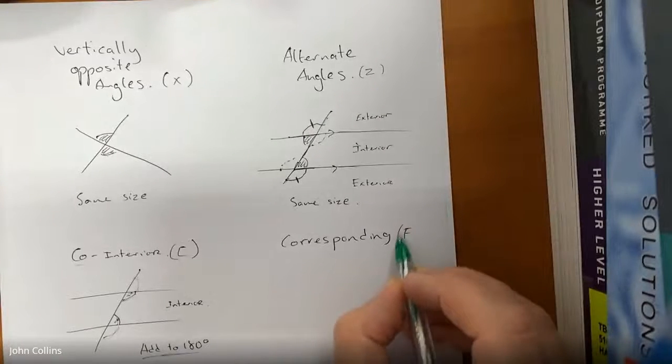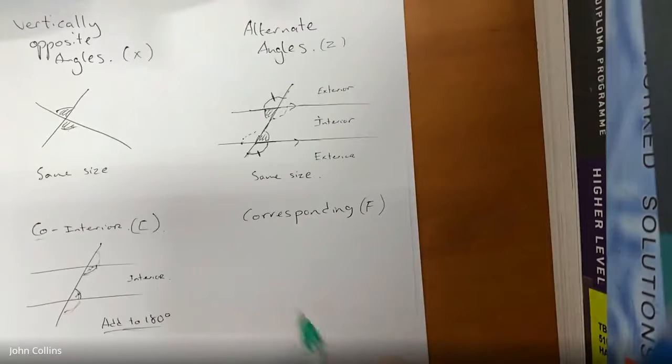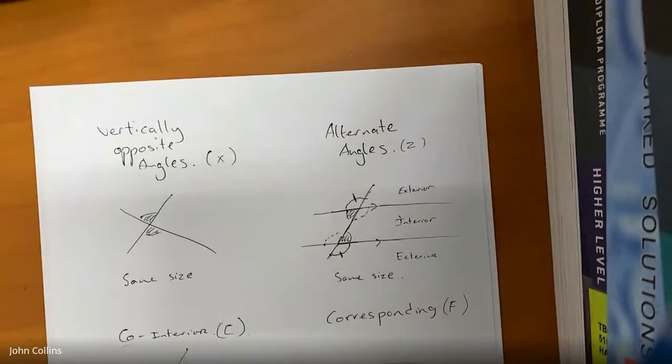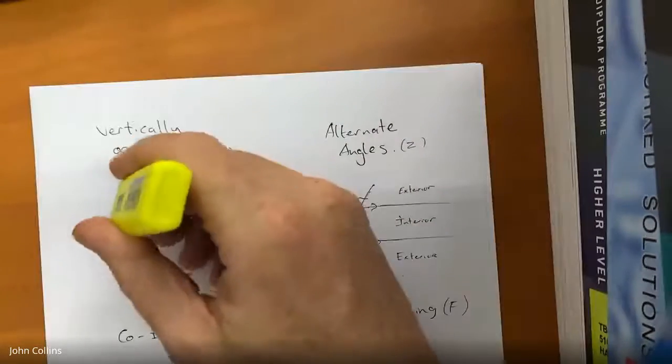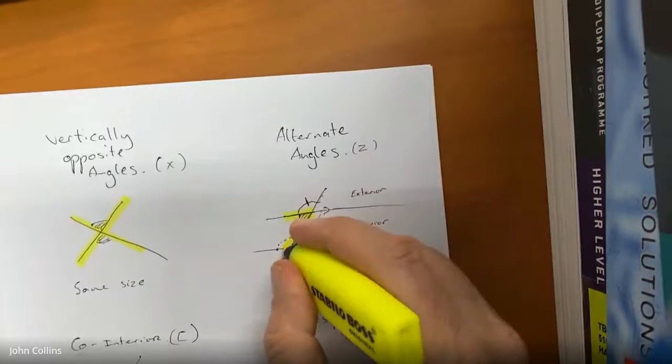Sometimes they use the letter F for that. It's not really an overly useful letter for this one. As you can see, I'll just highlight these. The other letters make a lot more sense. This is an X. This forms a Z shape.